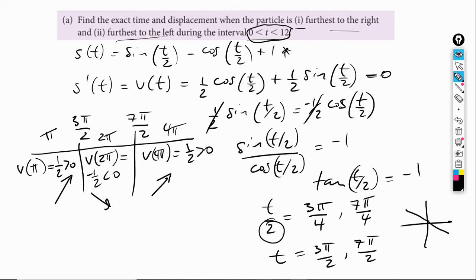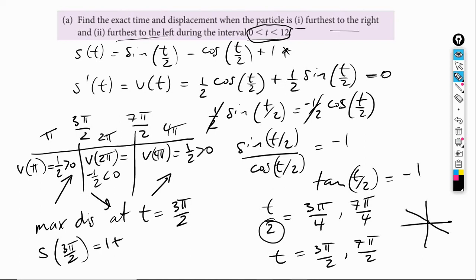Notice that we have a maximum displacement at time equal to 3 pi halves. When time is 3 pi halves, we need to find the displacement, so that would be s of 3 pi halves. Plugging that into the displacement function, we get 1 plus square root of 2. So the answer is a maximum displacement of 1 plus square root of 2 centimeters.